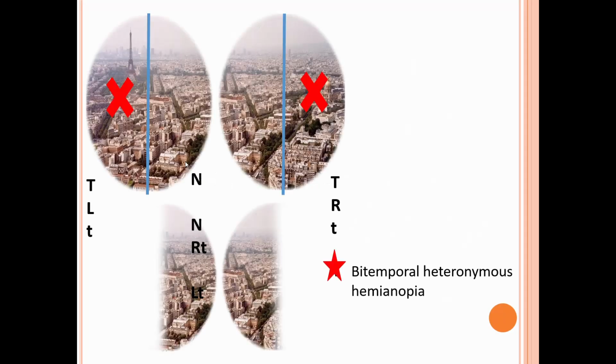What is the applied anatomy here? So you can see there is something known as bitemporal heteronymous hemianopia.